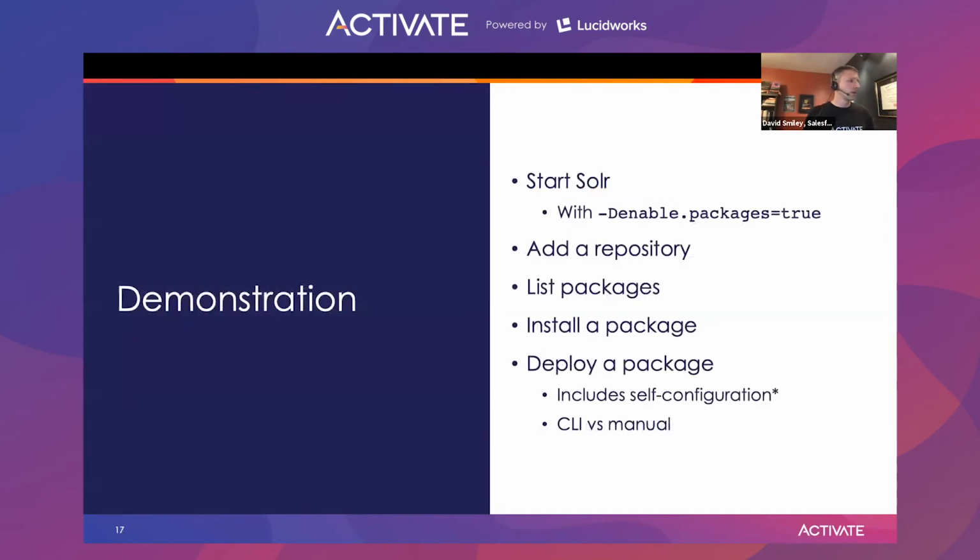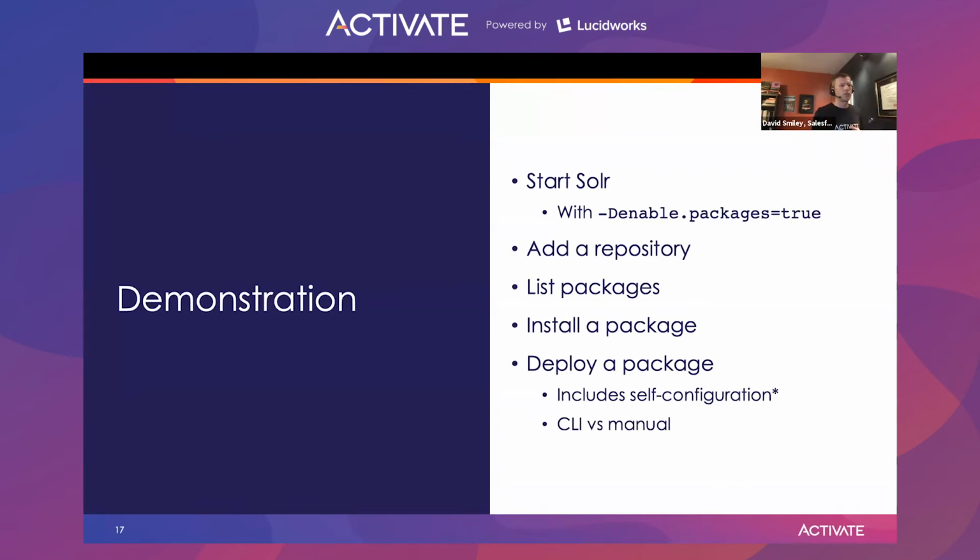I'm going to demonstrate the new package manager now. We need to start Solr in Solr Cloud mode with a flag to enable it. It comes disabled by default, but I imagine that might change by the time 9.0 hits. We're going to add what's called a package repository, which of course is a repository of packages, and a package is merely a set of jars that contain plugins.